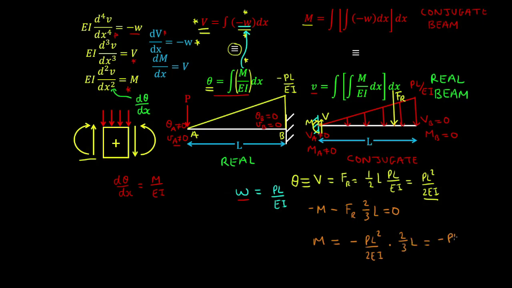So that gives minus PL cubed on 3EI. And as we said, the deflection in the real beam is equivalent to the bending moment in the conjugate beam. So that's our deflection of the cantilever. And as we can see by the deflected shape, the rotation that we obtained is positive, meaning it's anti-clockwise, and the deflection is acting downwards. So we got a negative result.